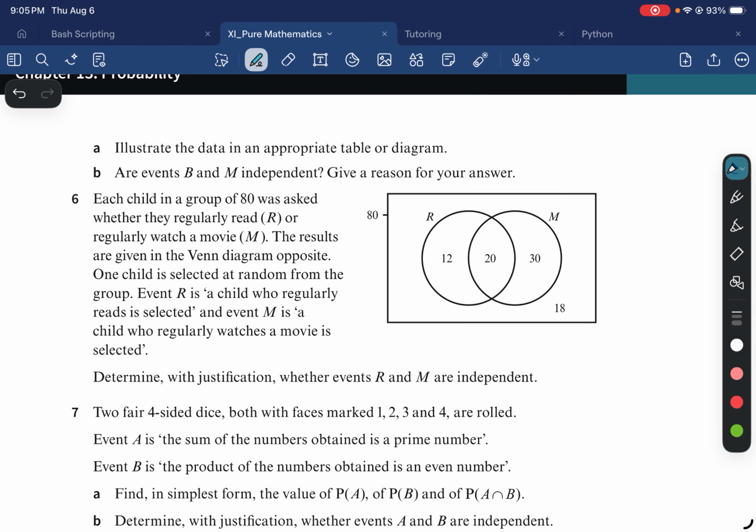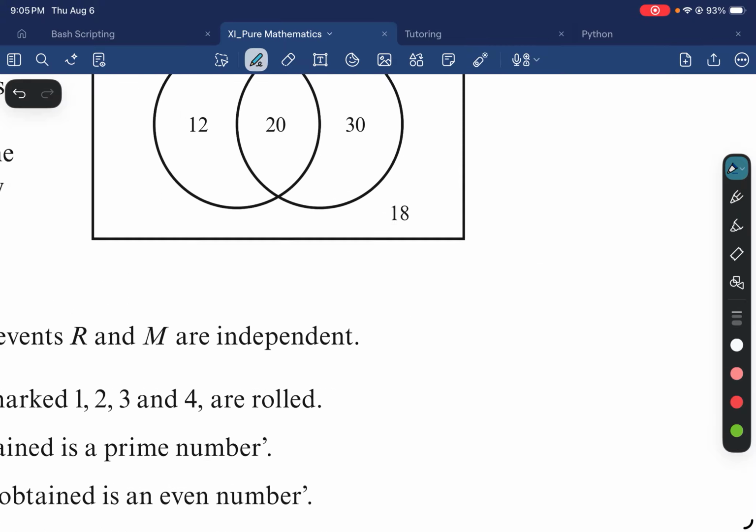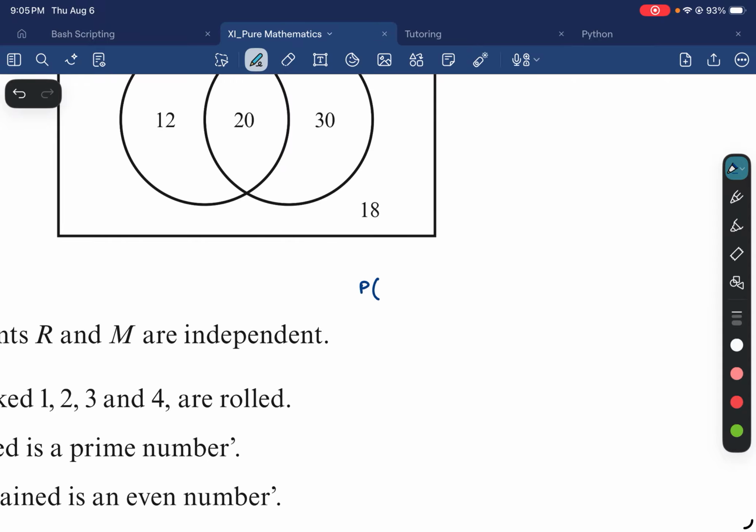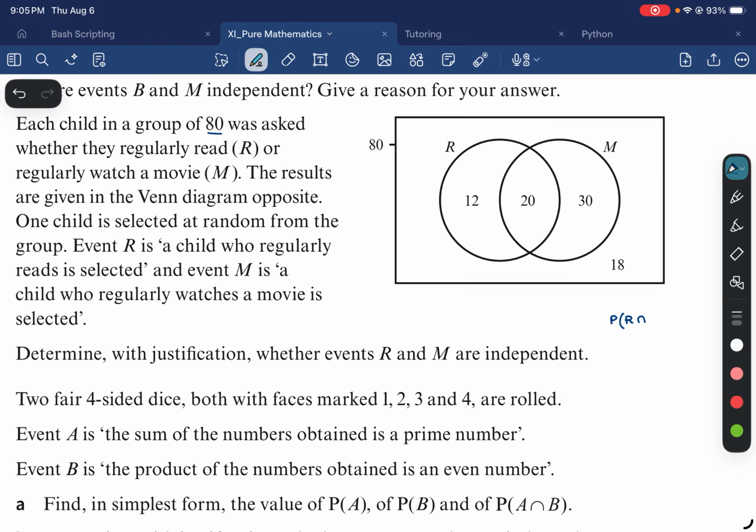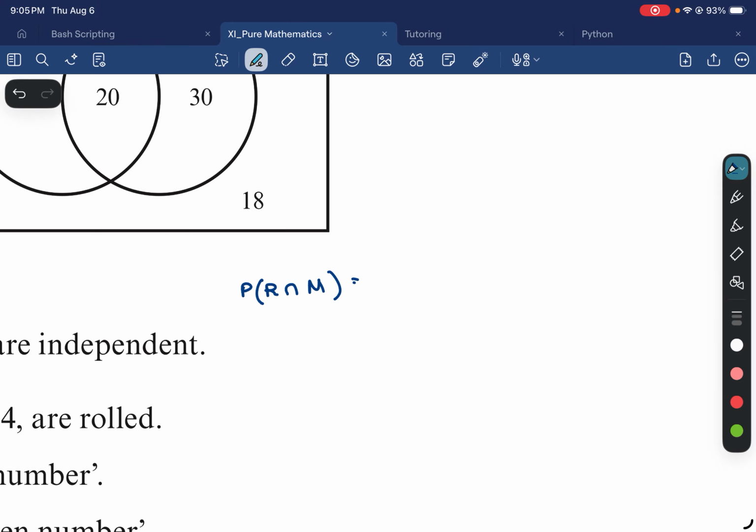All right. So we have another Venn diagram here. A was asked whether they regularly read or regularly watch a movie. It's given in the Venn diagram. We are selecting one child. So basically we have 2 events. Probability that a child reads and the probability that a child regularly watches a movie.